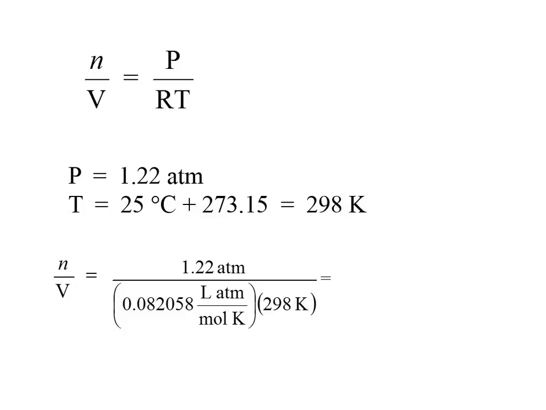There is uncertainty in that value of R, but that's a lot of sig figs. So round to 3 significant figures. See if you get the same thing I get. Three significant figures, I got 0.0499, and then units would be moles per liter.